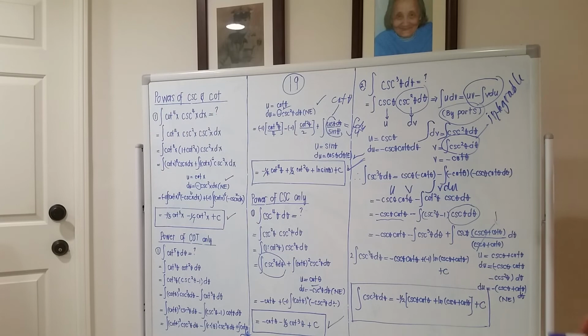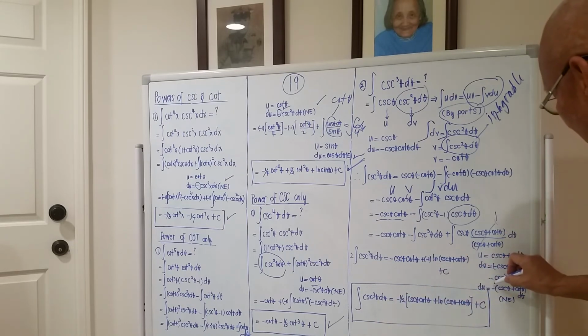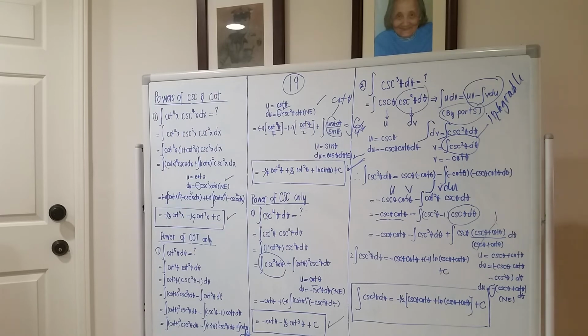Let's verify the value of u. The value of u is the one underneath, cosecant theta plus cotangent of theta. du will be equal to, the differential of cosecant is negative cosecant theta, cotangent of theta. And the derivative of cotangent is negative cosecant square of theta, differential theta. They are both negative, so I factor out negative.